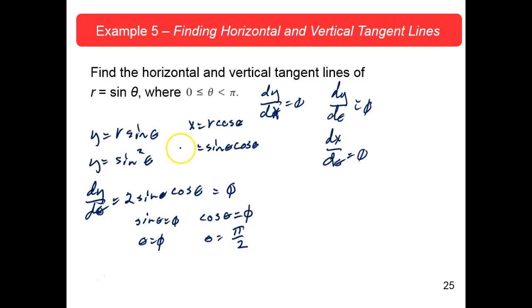So this is your x. What is dx d theta? Product rule. And what does that give you? Cosine squared theta, because the derivative of sine is cosine times cosine is cosine squared, minus sine squared theta.